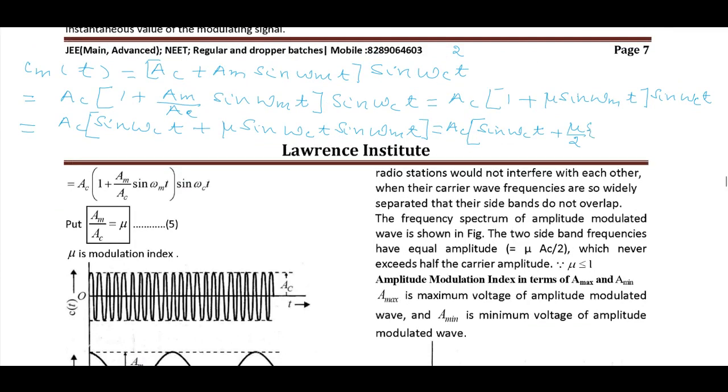One will be cos(omega m minus omega c)t plus cos(omega m plus omega c)t.